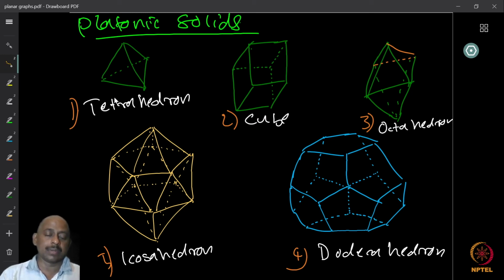Then you have the icosahedron, which has how many faces? 5 plus 5 plus 10, so 20 faces. It has 12 vertices, 5 plus 5 plus 2. And how many edges do you have?